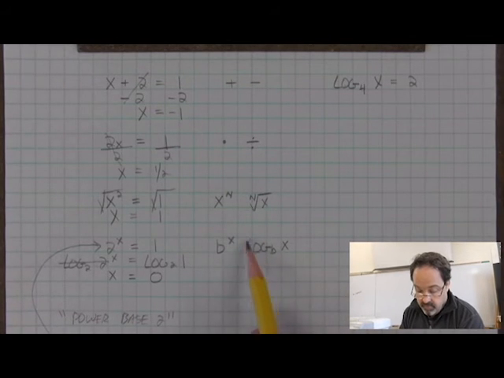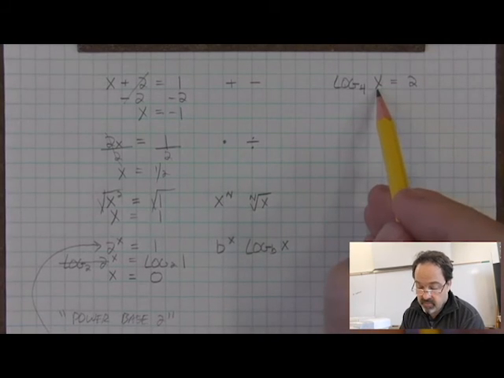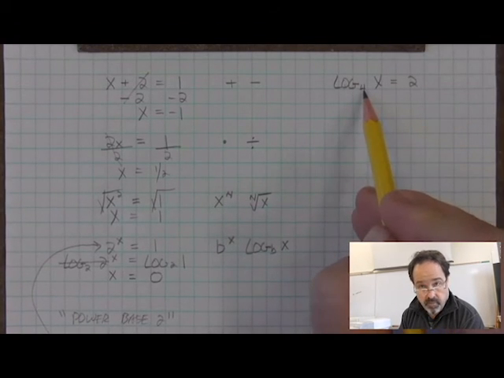Well, here we have the two inverses of each other. If I start with a log base 4 of x, the inverse of that is going to be a power whose base is 4. So to get x by itself, I need to power base 4 both sides. That'll undo the log base 4.